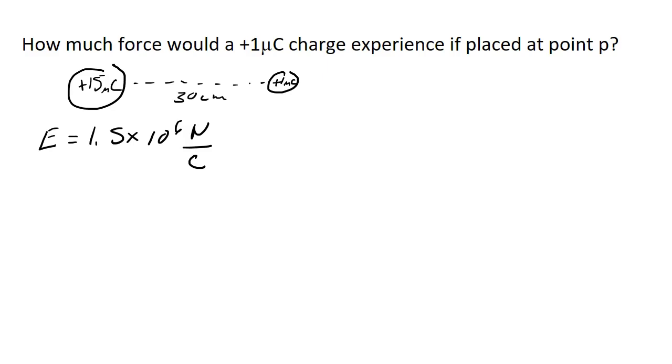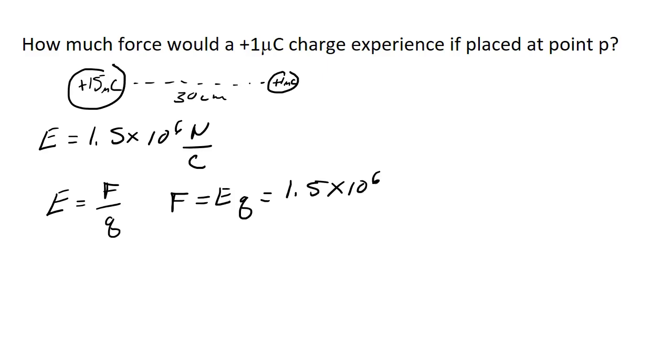So we can use the definition of electric field strength. Electric field strength is equal to force over charge. Rearrange this equation to find the force, and then all we have to do is some simple substitution. The electric field strength at point P was 1.5 times 10 to the 6th newtons per coulomb. The charge we've placed at point P was 1 microcoulomb.